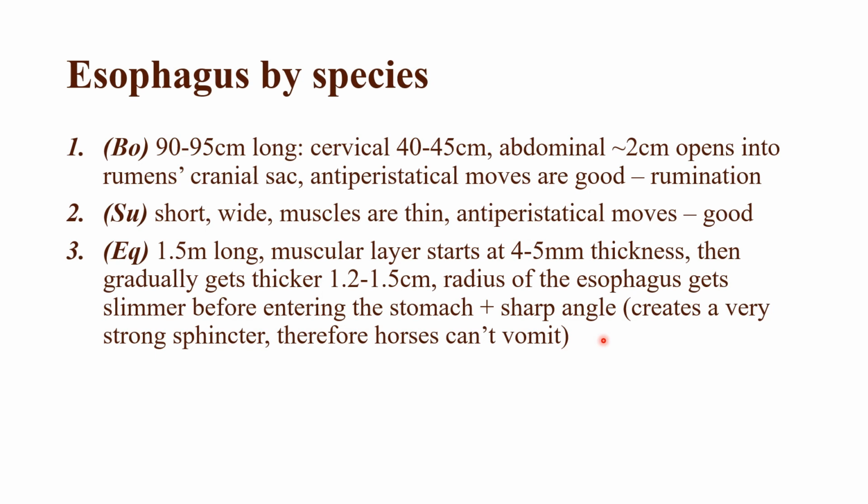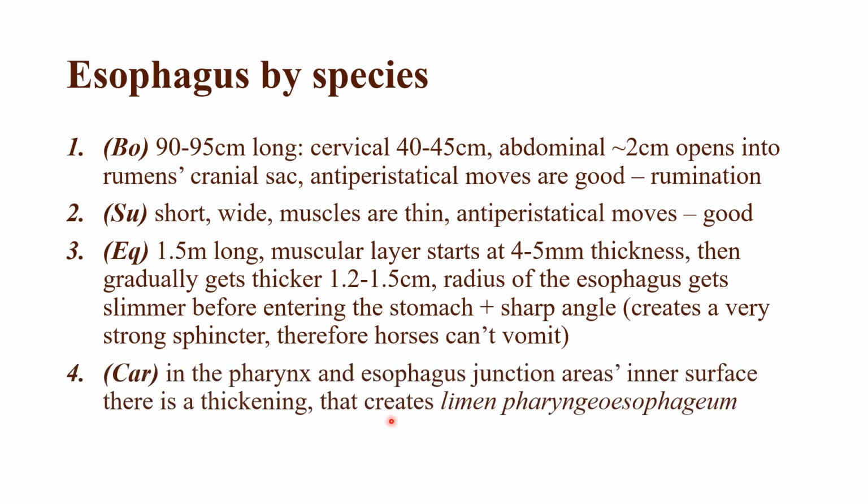You can't really do anything after the stomach ruptures. So keep that in mind, especially if you're giving fluids, you need to flush them out. So you need to keep track of how many liters of fluid you put in the stomach, because after the rupture, there's really nothing you can do.